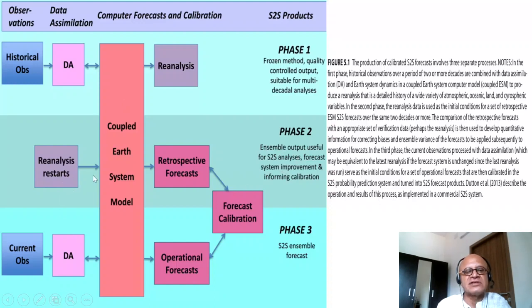So reanalysis starts there. Forecast system improvement and informing calibration is needed when we do what are called hindcasts or retrospective forecasts, or also called reforecasts. I'm jumping a little bit ahead here, but we'll come back.